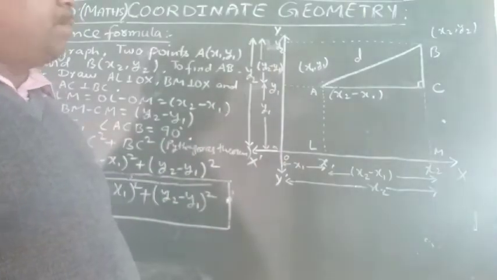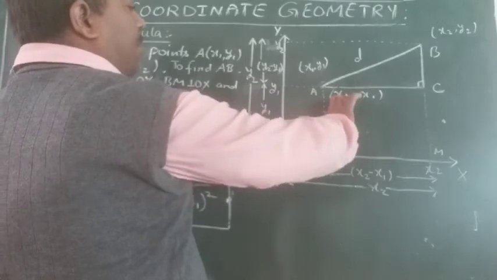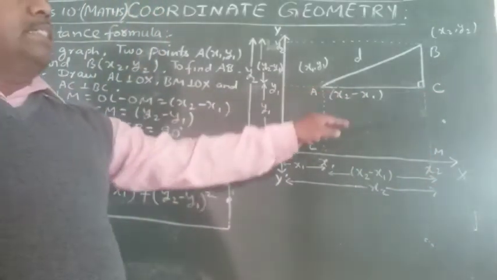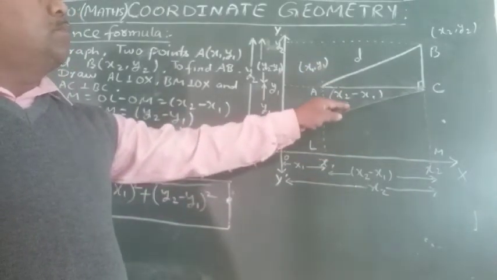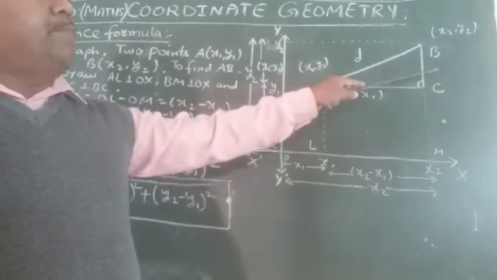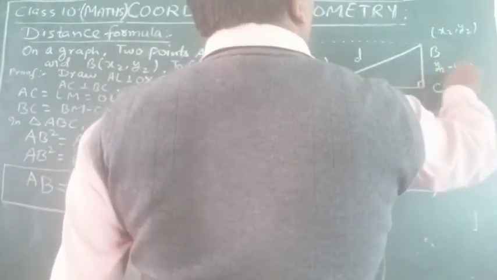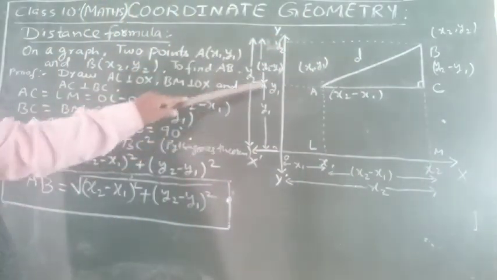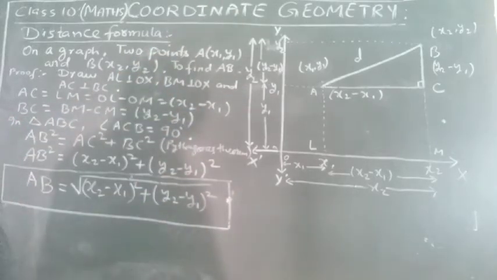So A and C both have the same height, y1. So the CM distance is y1 and the BM distance is y2. From y2, if you subtract y1, you get BC as y2 minus y1. Clear? Understood?